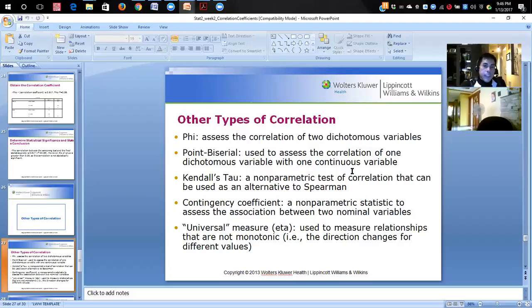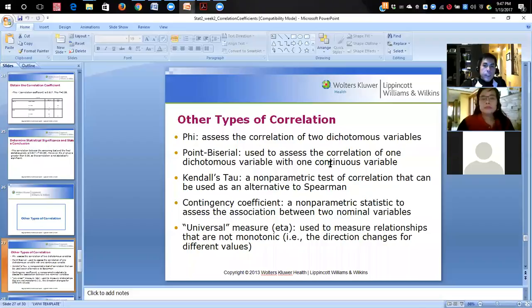So, for example, if the patient did a colorectal screening, a mammography, the stool exam for occult fecal test. So you have this continuous variable where the score is 1 to 20, and then the dependent dichotomous variable is adequacy versus inadequacy of the health maintenance. So that's an example of Point-Biserial correlation.